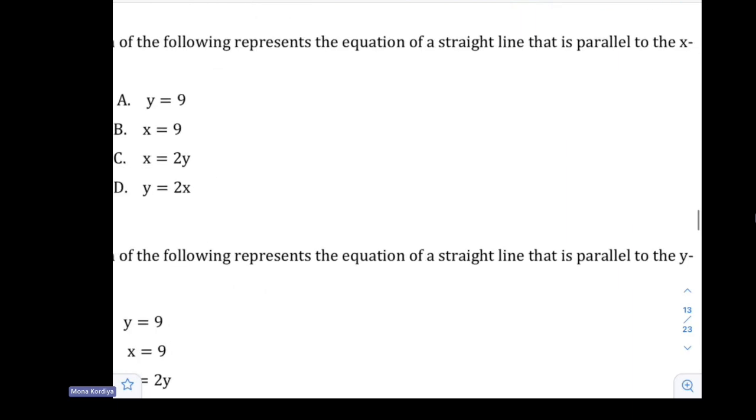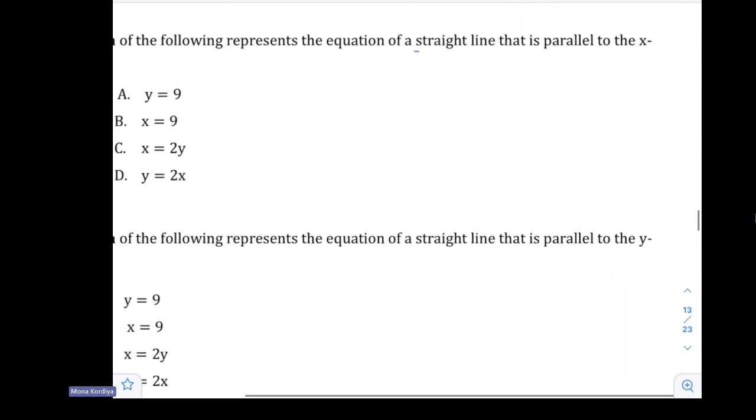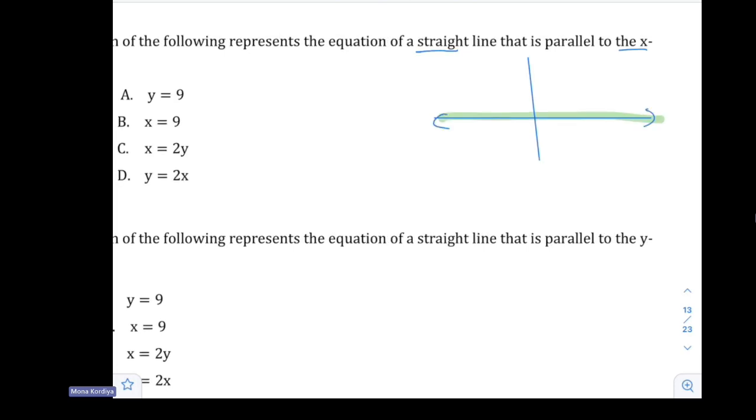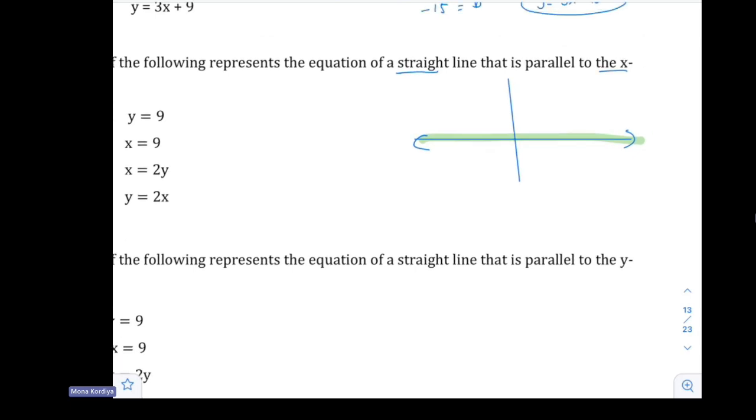Which of the following represent the equation of a straight line that is parallel to the x-axis? The x-axis is the horizontal axis, as you see. This is the x-axis. The straight line parallel to the x-axis should be a horizontal line.